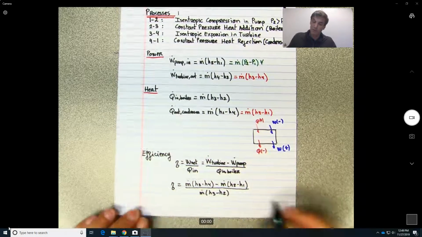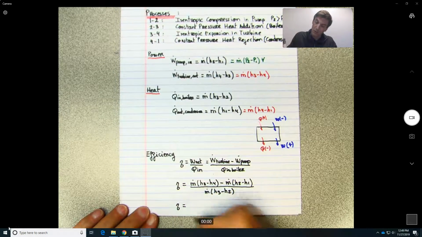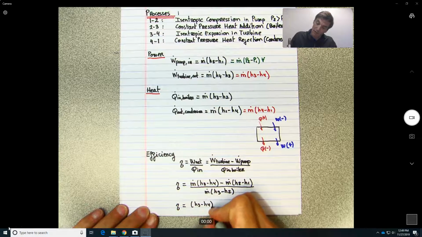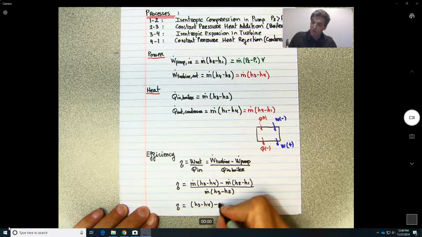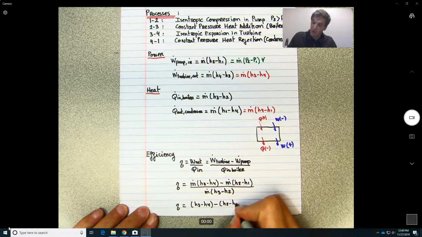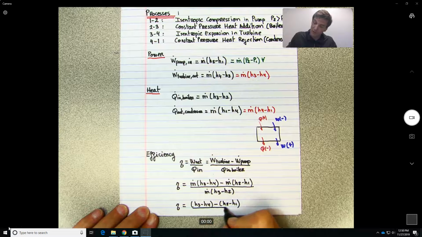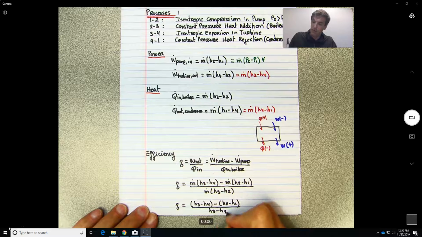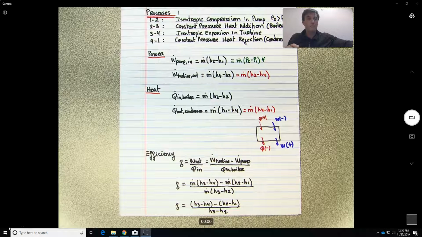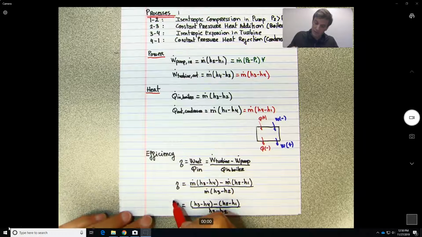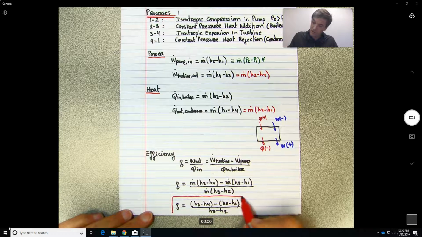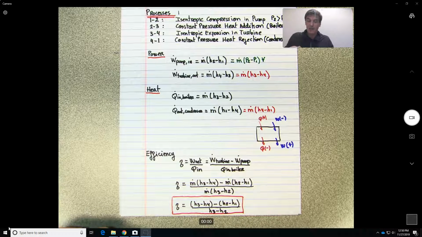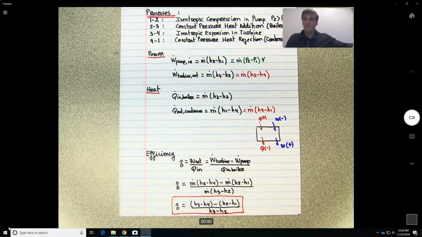So the first expression for the efficiency would be equal to ((h3 minus h4) minus (h2 minus h1)) divided by (h3 minus h2). So this will be the efficiency for an ideal Rankine cycle.